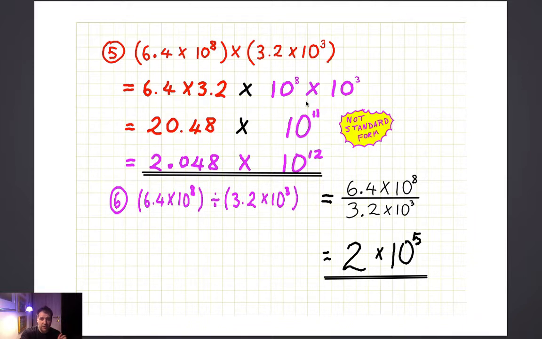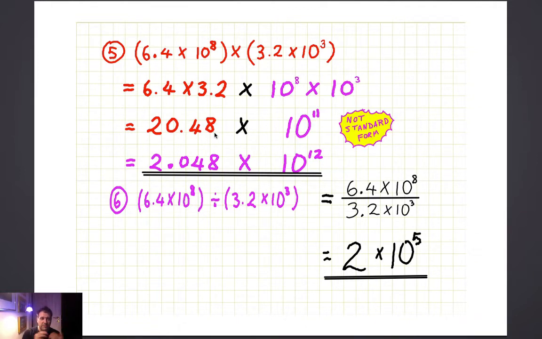And then the power numbers after that. 10 to the power of 8 times 10 to the power of 3 is 10 to the power of 11. Remember the rule about adding powers. So that's 20.48 times 10 to the power of 11, but the problem with that is that it's not in standard form, because 20.48 isn't a number between 1 and 10.